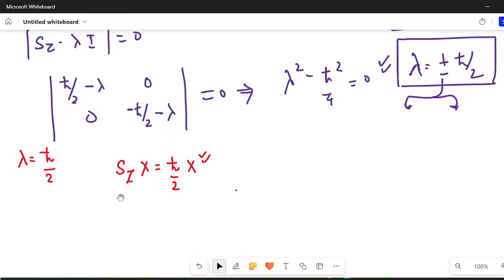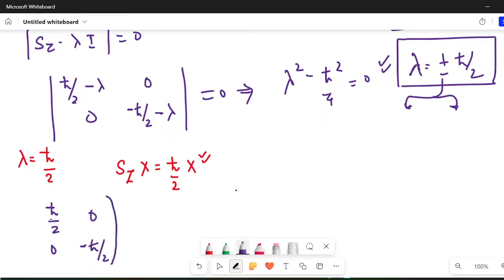What would it be equal to? What is Sz? Sz is h cut by 2 times the matrix with 1 and 0 on the top row, and 0 and minus 1 on the bottom row. Then I have this x. Let us write this x as x1 and x2.